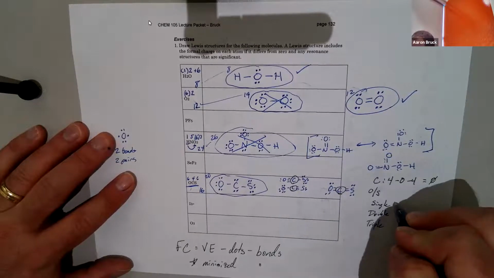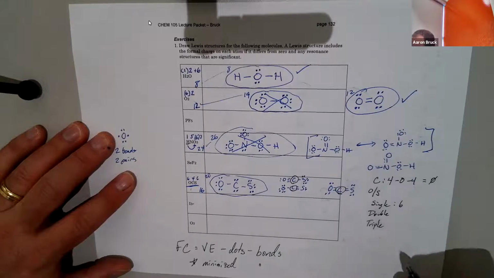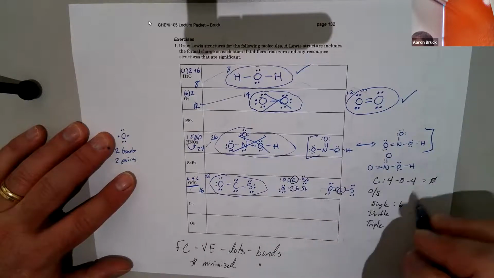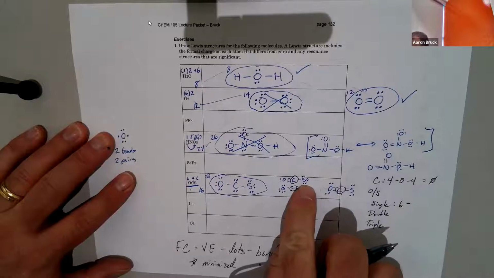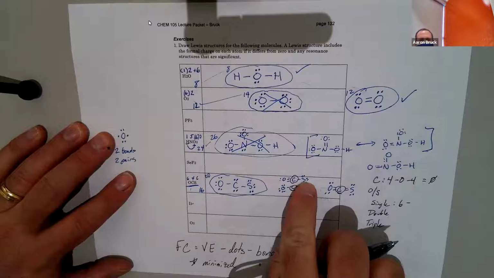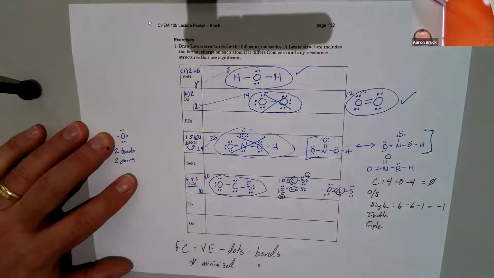If they have a single bond, 6 valence electrons, 6 dots, and in structure 2, that means that this oxygen has a -1 charge.